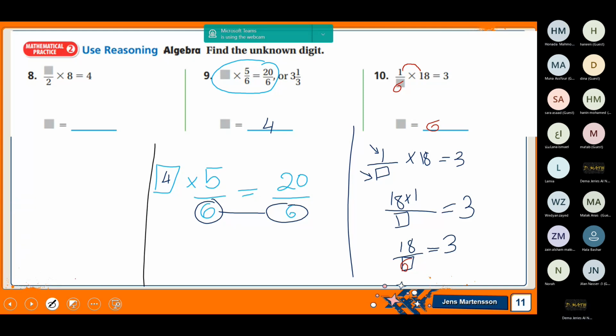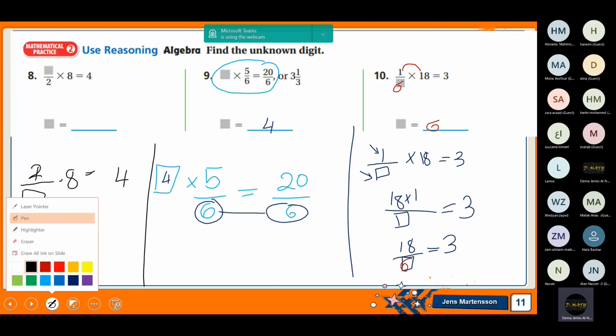If I give you another example, like 2 over something times 8 gives you 4. What will you do here?